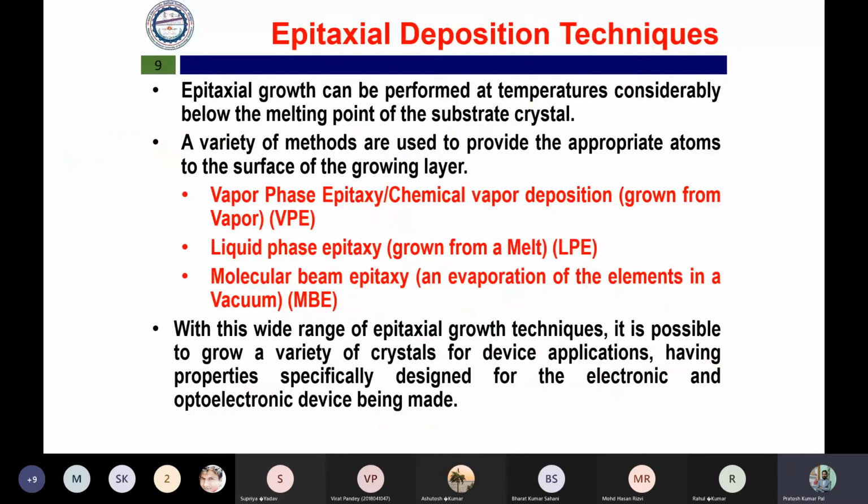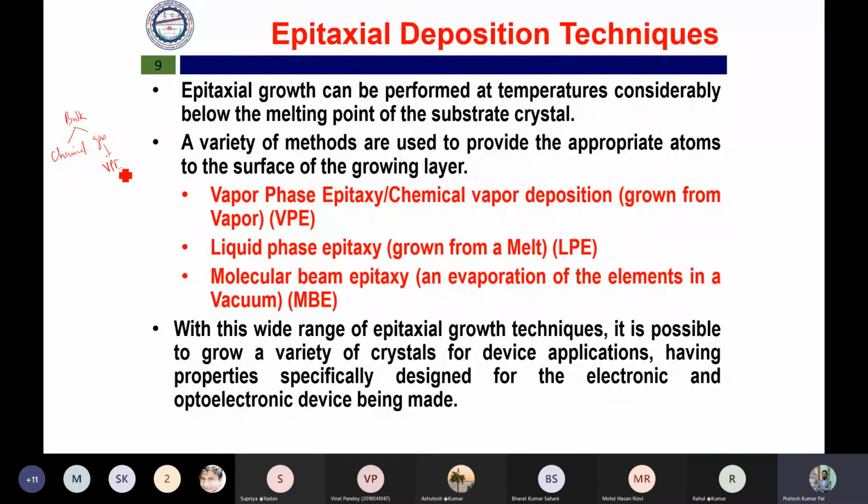The method depends on the bulk, the chemical we are providing. If we are providing a gas, if gas is being flowed, this will be called vapor phase epitaxy.